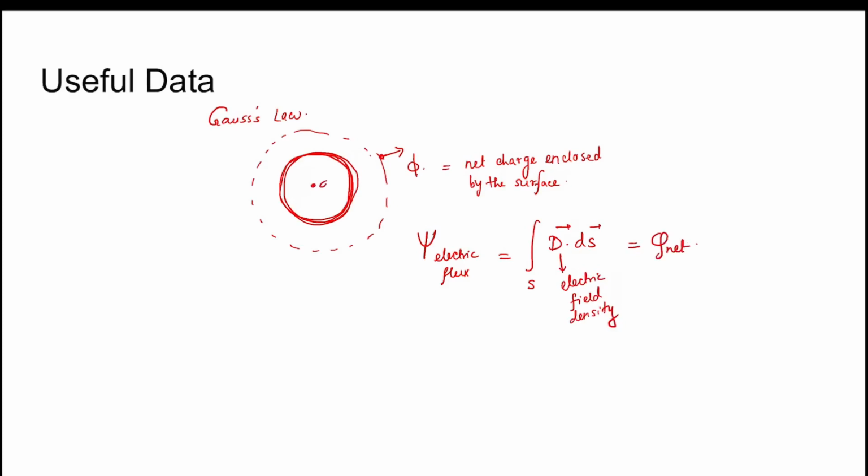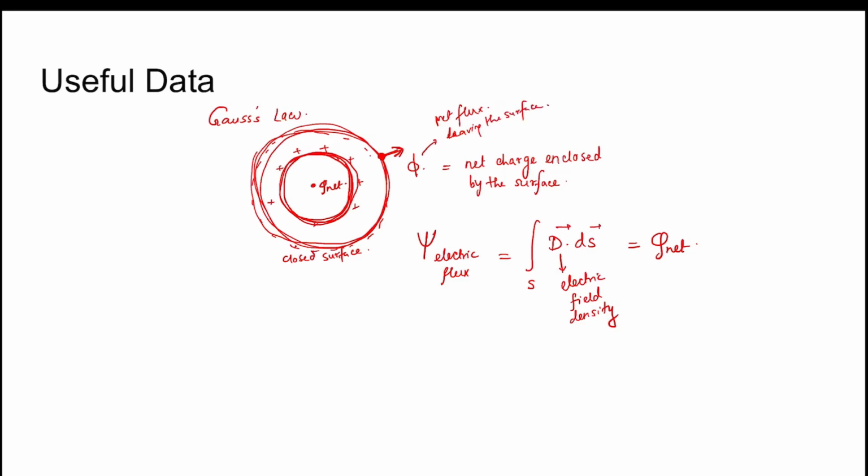So if it is some Q net, or even a distribution, all this net charge enclosed within this closed surface will give us the value of net electric flux for this surface. This is net flux leaving the surface, so net flux leaving the surface is the net charge enclosed by the surface.